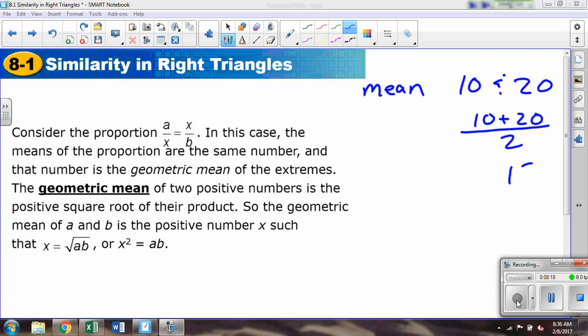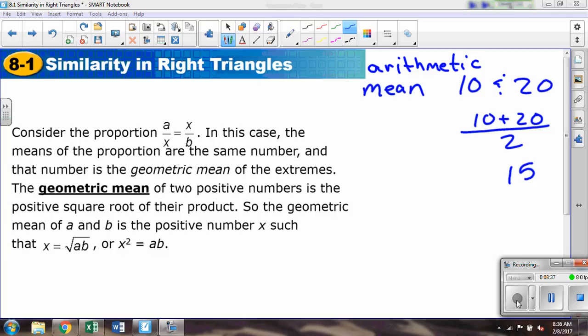That would have given you the mean of 15. This is a different one. This kind is actually the arithmetic mean. Essentially, it's the adding mean. We are working on the multiplying mean, which is called the geometric mean.